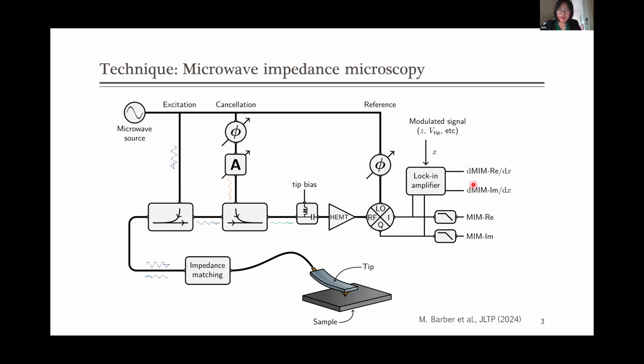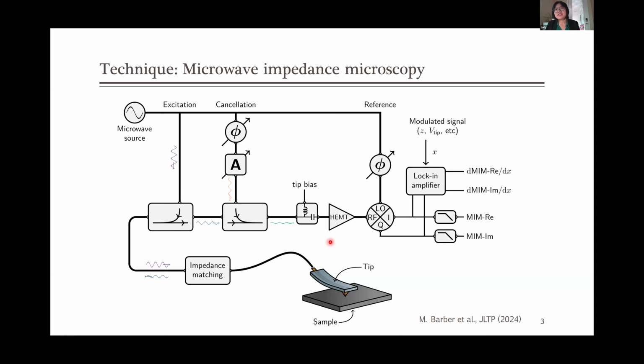And here is our electrical diagram. Without going into detail, this type of technique allows us to send microwave into the cryogenic systems, and so we have access to a wide range of material systems of interest.